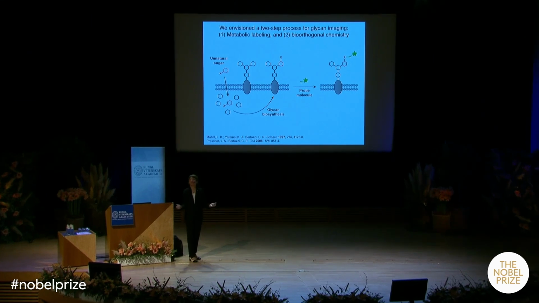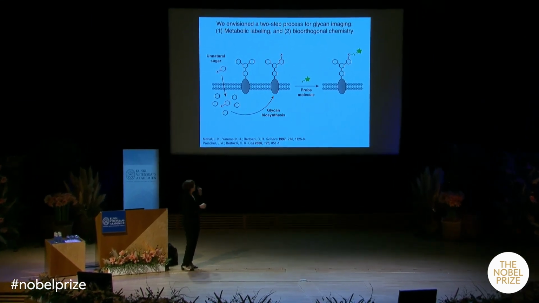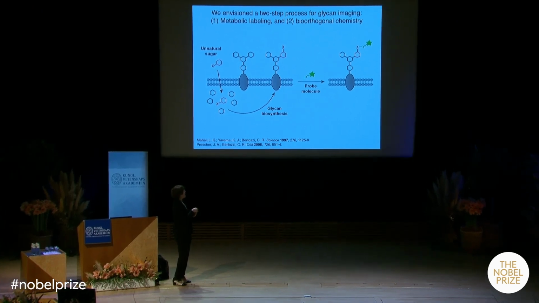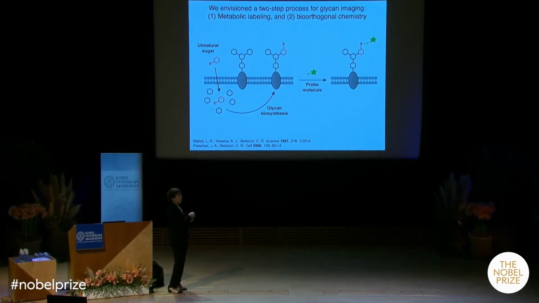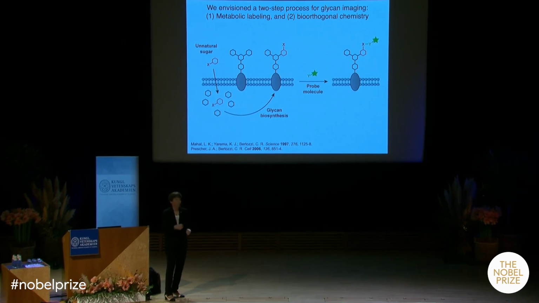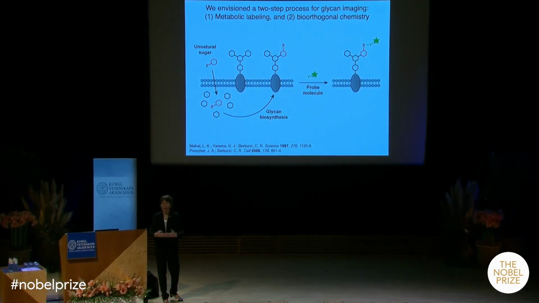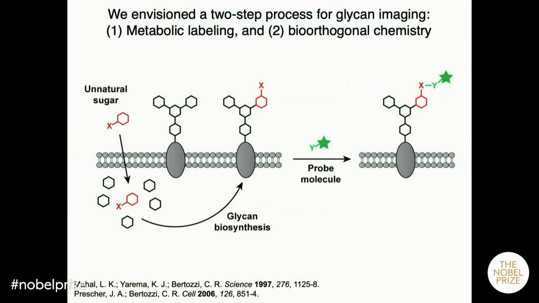Now it's presented on the cell surface, and we would do a chemical reaction with an imaging probe that had a complementary functional group Y. And the hope was that X and Y would react with each other, form a bond, and that would attach the probe to the sugar, and we would now be able to image the sugar.